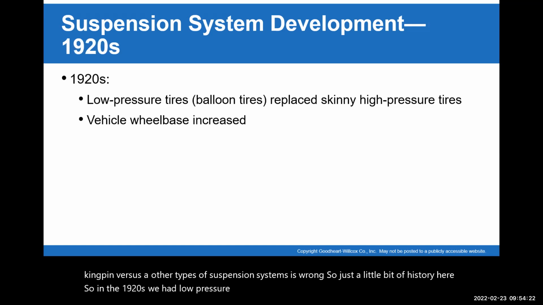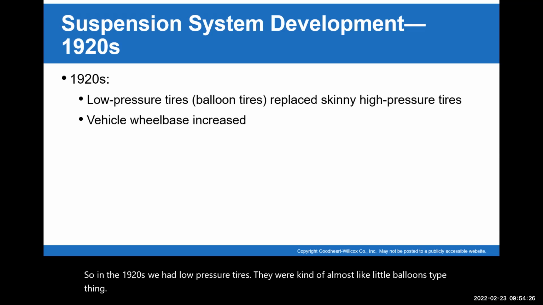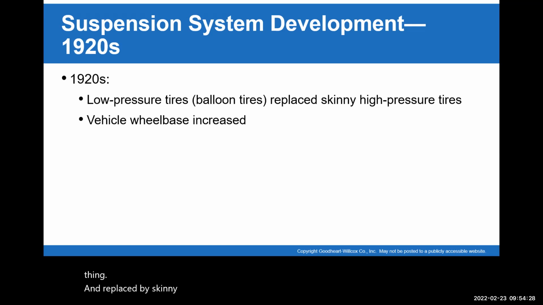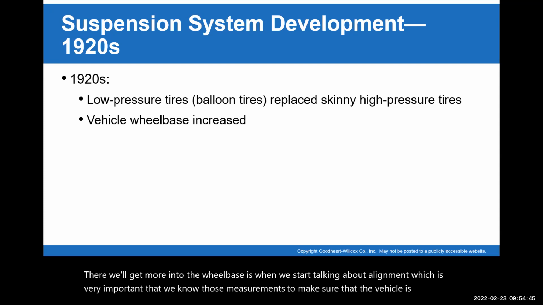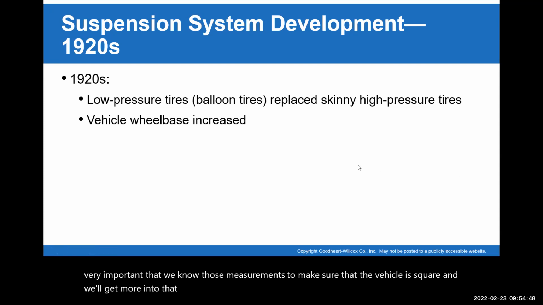They were kind of almost like little balloons, and were replaced by skinny, high pressure tires. And then vehicle wheelbases increased, and we'll get more into the wheelbases when we start talking about alignment, which is very important, that we know those measurements to make sure that the vehicle is square, and we'll get more into that as we go along.